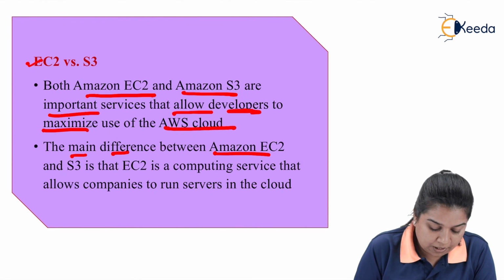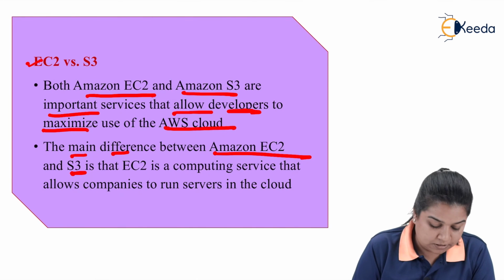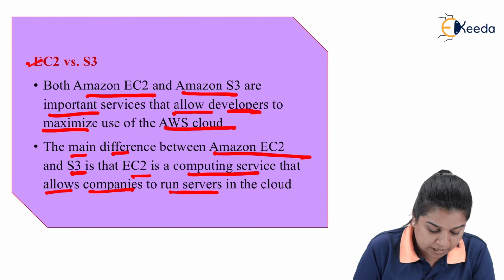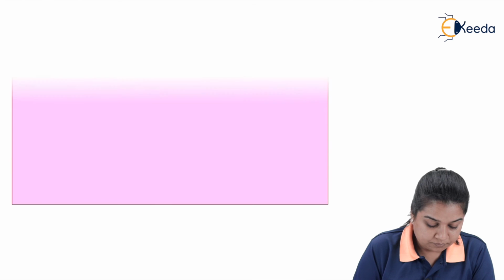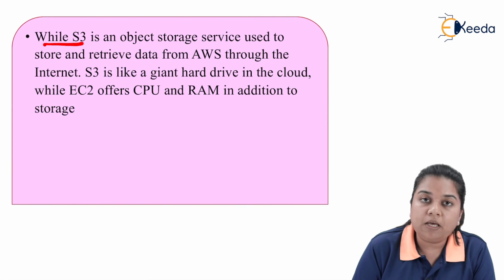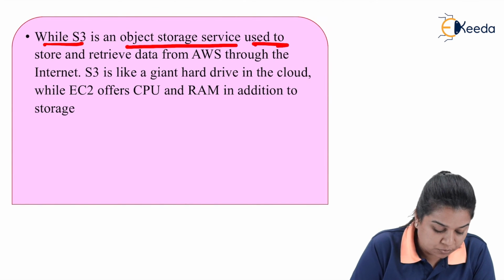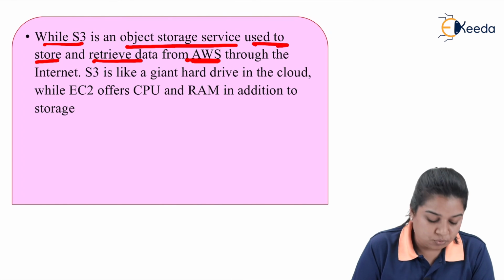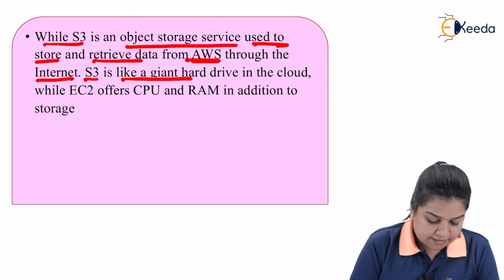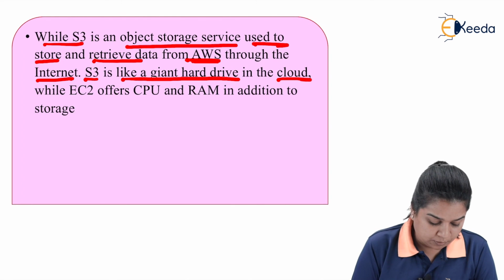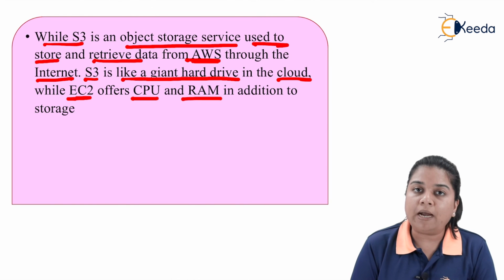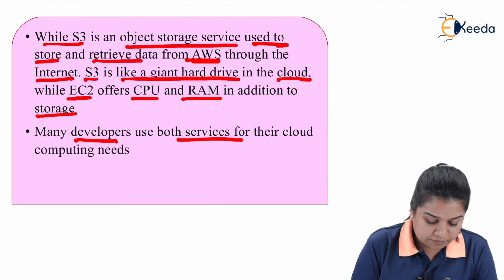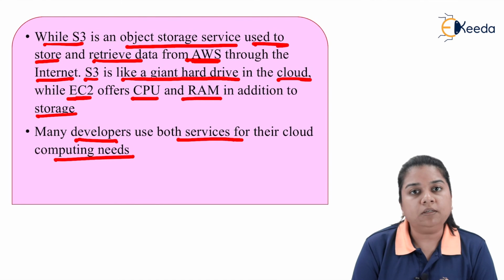The main difference between Amazon EC2 and S3 is that EC2 is a computing service that allows companies to run servers in the cloud, while S3 is an object storage service used to store and retrieve data from AWS through the internet. S3 is like a giant hard drive in the cloud, while EC2 offers CPU and RAM in addition to storage. Many developers use both services for their cloud computing needs.